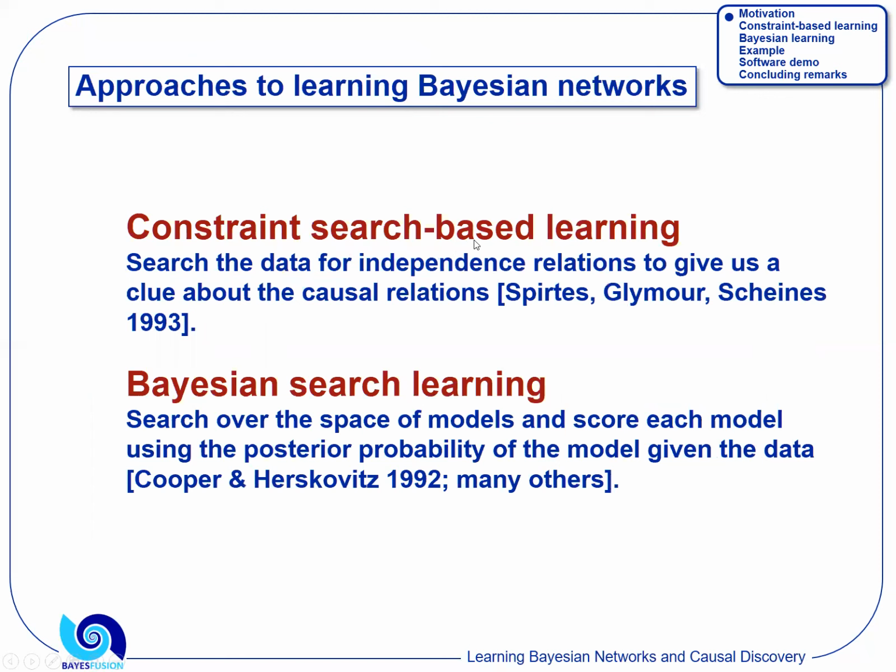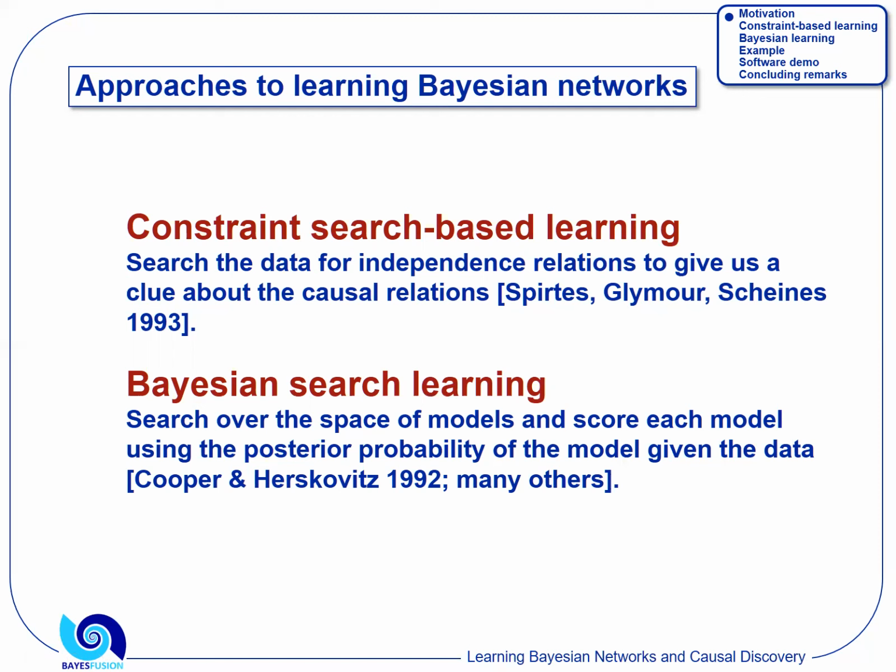Constraint search-based and Bayesian search learning are the two approaches. As I mentioned, I will spend more time on constraint search-based learning than on Bayesian search, just because the connection between causality and the graphs and the algorithms is much clearer, and dependence.